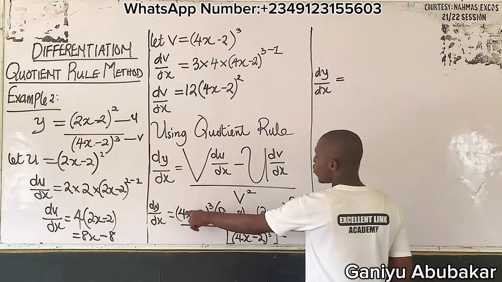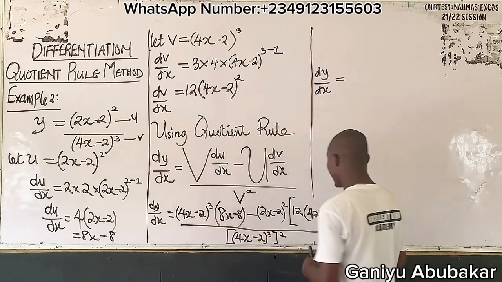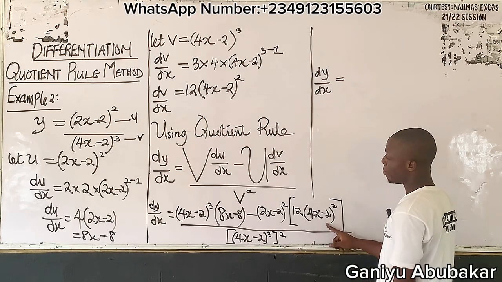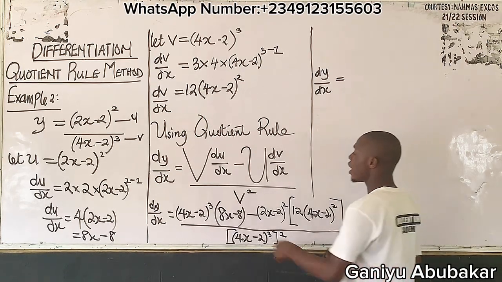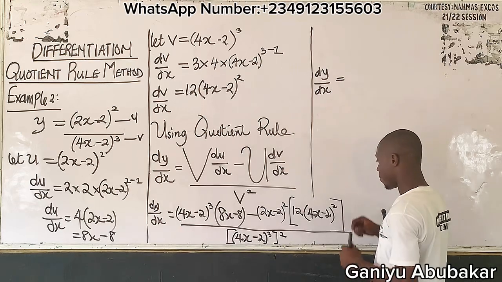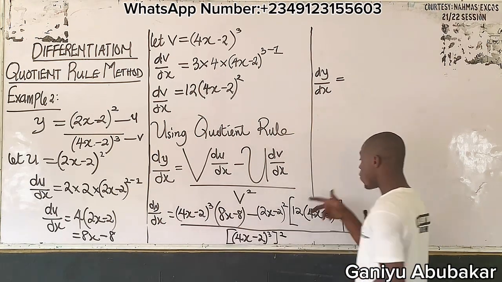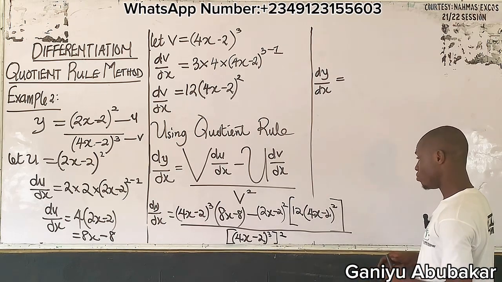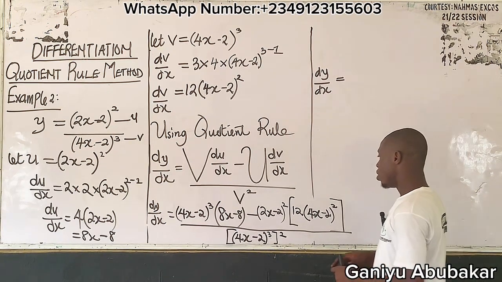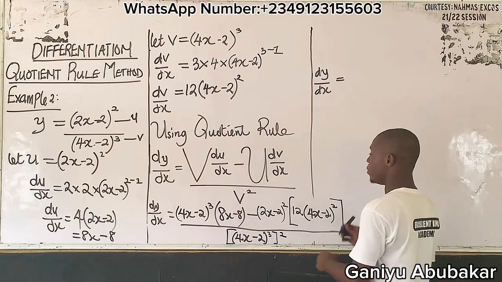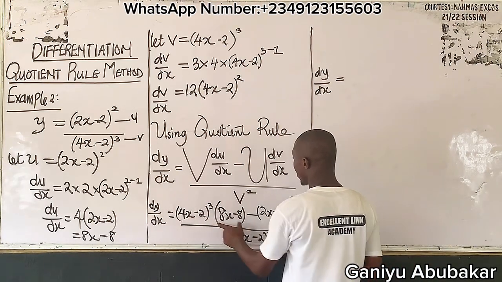Observe that I'm seeing 4x - 2 here, and I'm also seeing 4x - 2 here, but this one has a cube, this one has a square. So the one that has the lowest power will come out as the factorized value. Hold on, let's do this a bit. Repeat this down. Okay, I have this one.